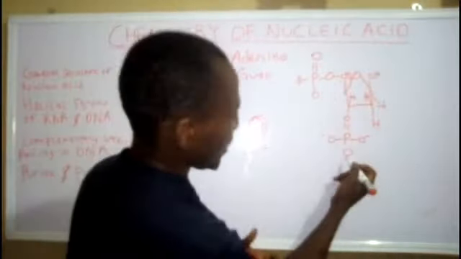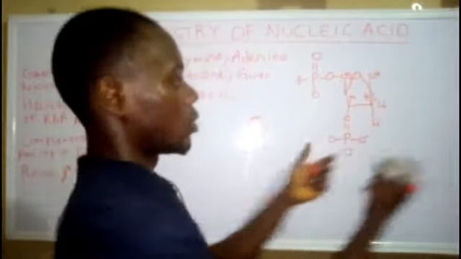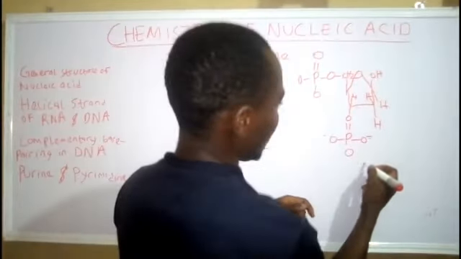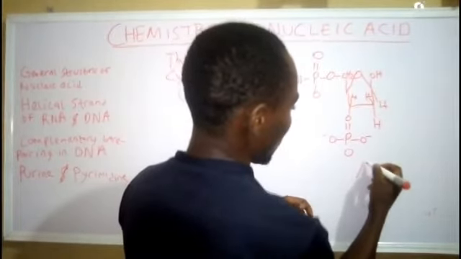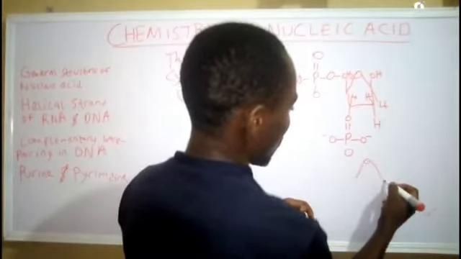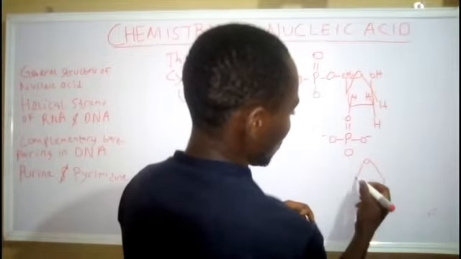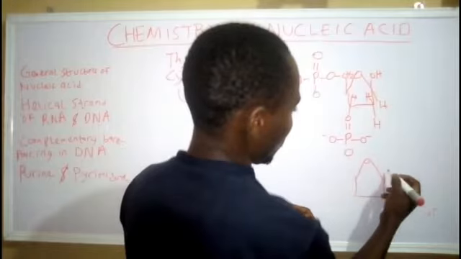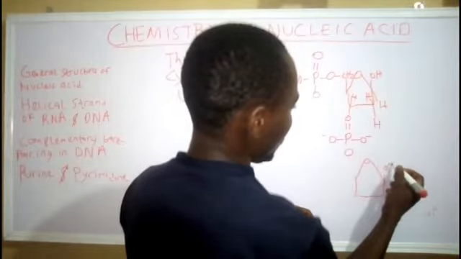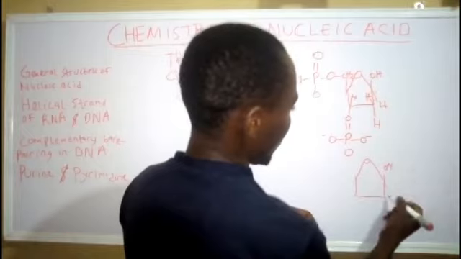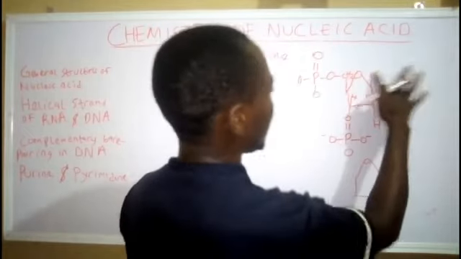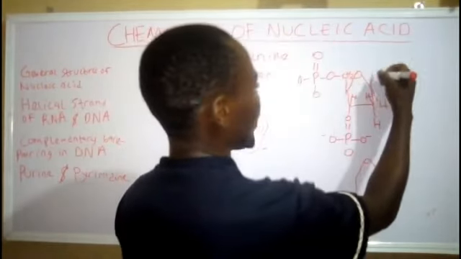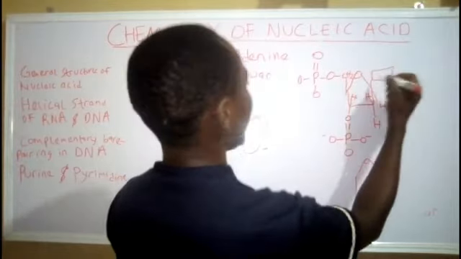So now the same way also, this is another sugar here, this is another sugar here. So we have OH. Okay, let's put the base here. Let's assume that our base here is adenine.